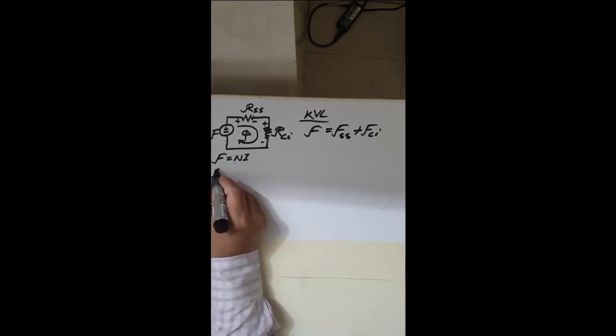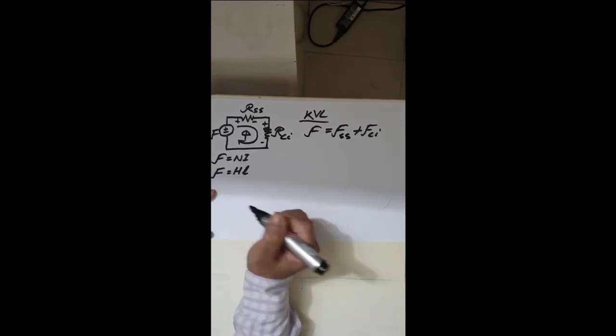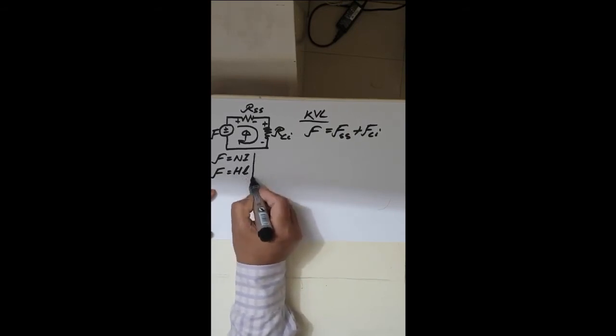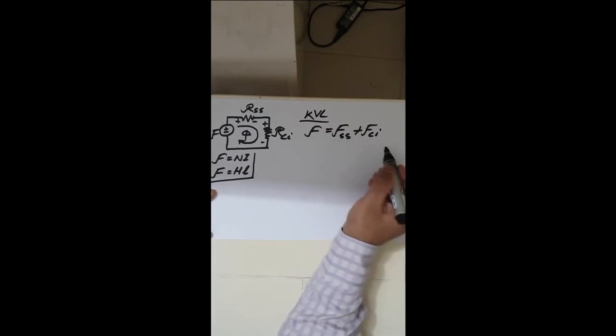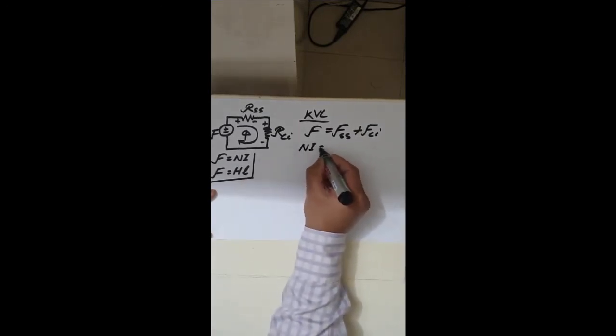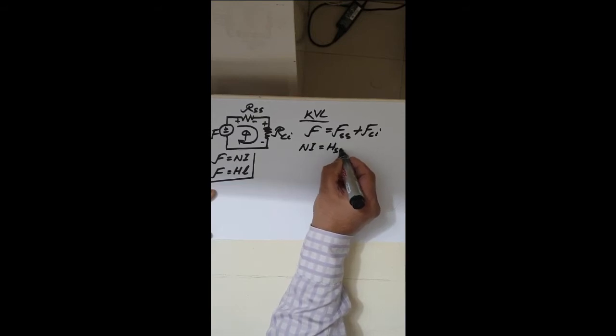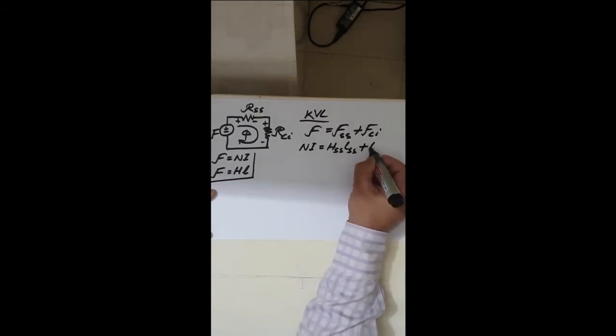Then also the magnetic force will be equal to H and L. So these two formulas you already know from lecture 1. So from there we are going to write F equal to Ni, and FSS is HSS times LSS, and plus FCI is HCI times LCI.